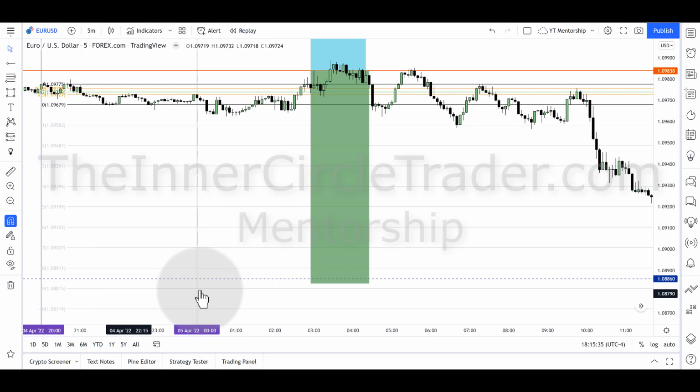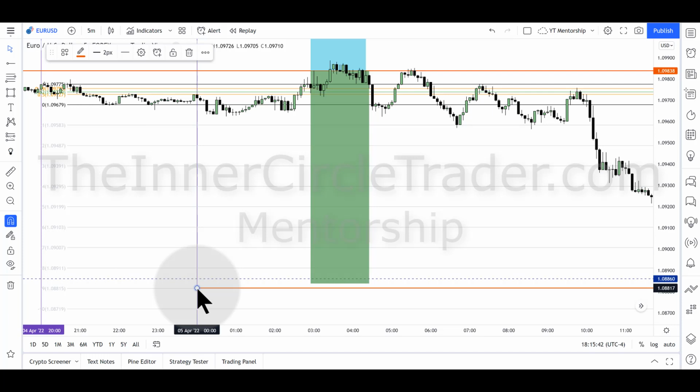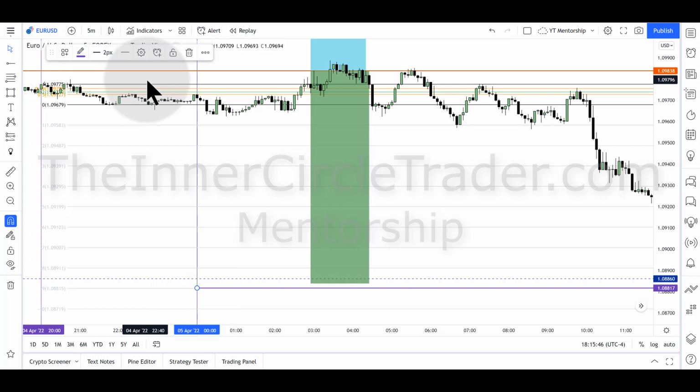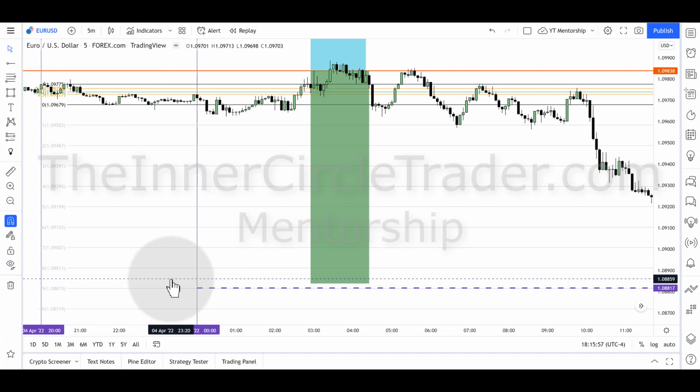So that level there. We'll use that as our objective, and we'll change that to a dashed line. Okay, and I'll thicken it up because I want it to be much more pronounced versus this rejection block.